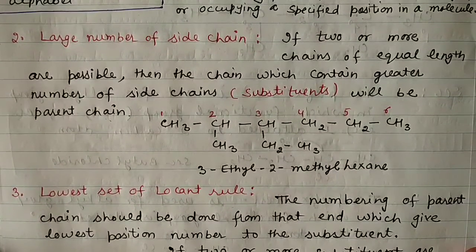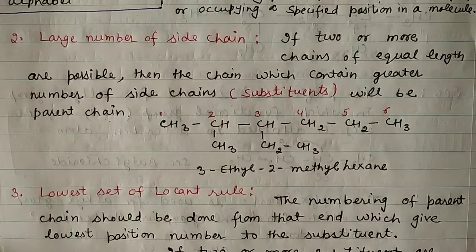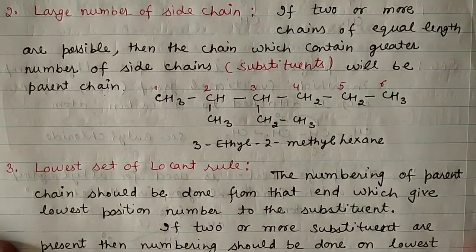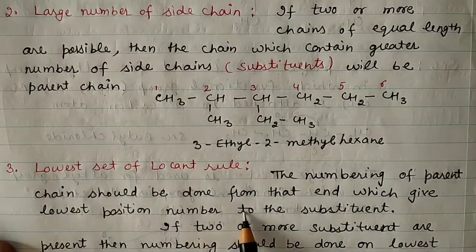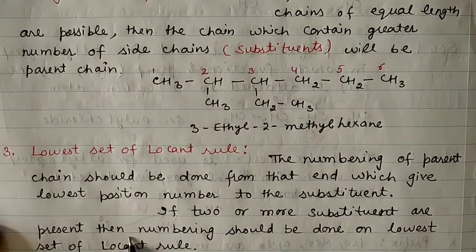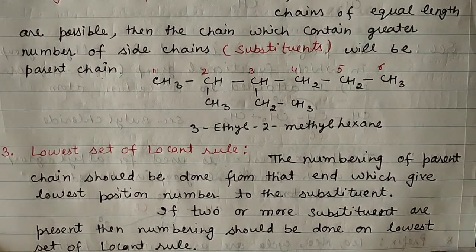Next one is the lowest set of locants rule. In this rule, the numbering of the parent chain should be done from that end which gives the lowest position number to the substituent. If two or more substituents are present, then the numbering should be done on the lowest set of locants rule.